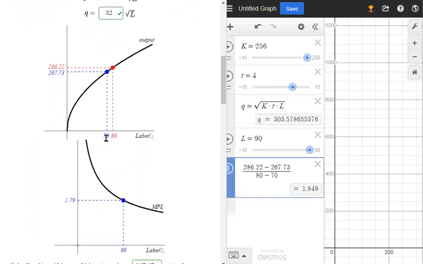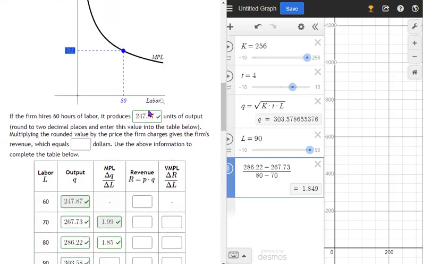Okay, so now we're going from 70 to 80. Output's going from 267.73 up to 286.22. This difference divided by that difference is this value, 1.79. Another way you can think about that is at 80 hours of labor, the slope of the output graph is 1.79. So the slope at this point is going to be really close to 1.79.